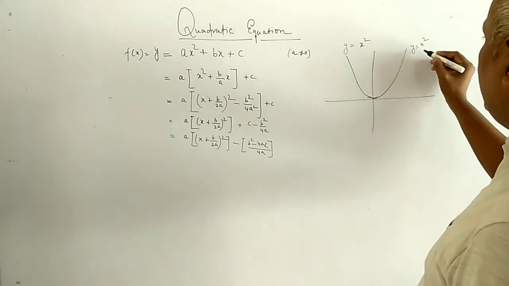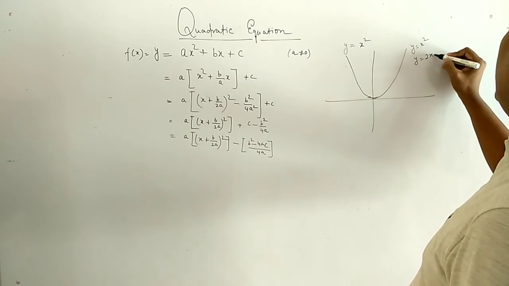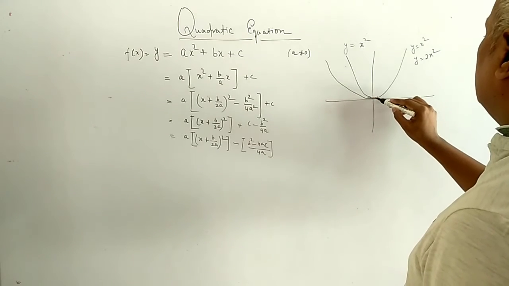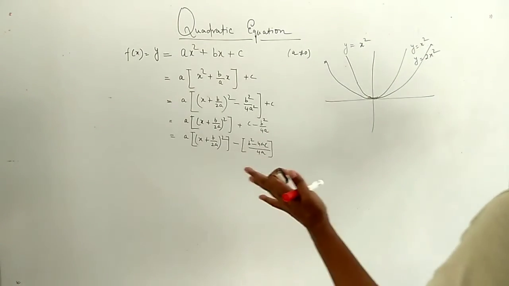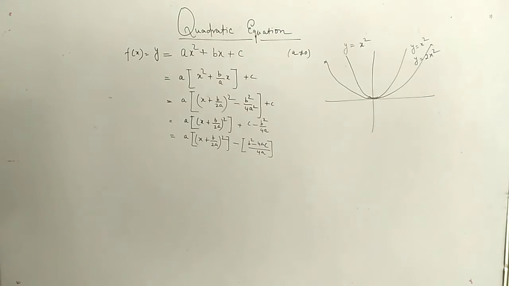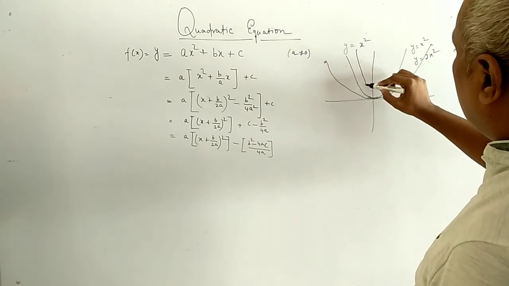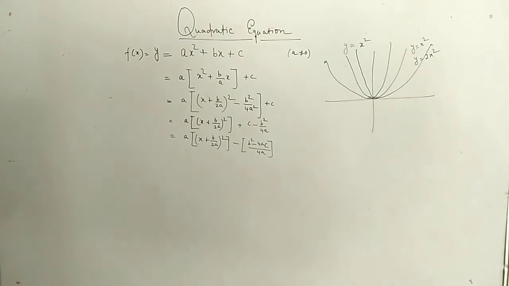Now, if I write y equal to 2x square, this will flatten like this, and it goes like this. If I make it y equal to half x square, then the curve squeezes and it looks like this.